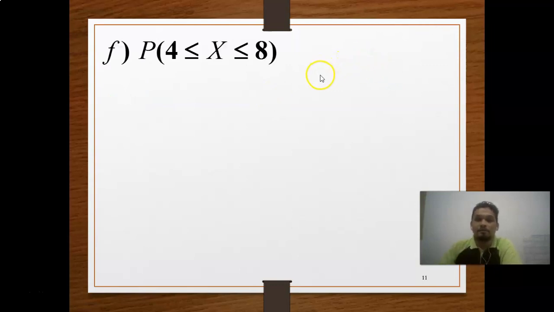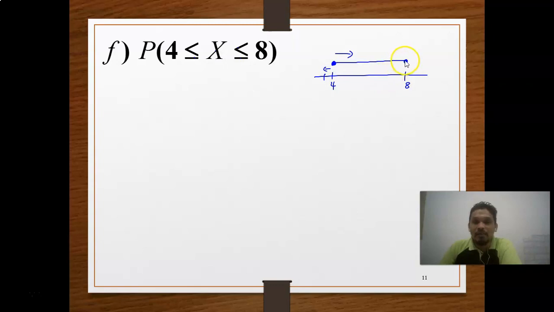Now, between 4 and 8, x lies in between, greater than or equal and less than or equal, meaning it includes 4 here. So before we move to the right of this 4, we take a 0.5 step to the left.